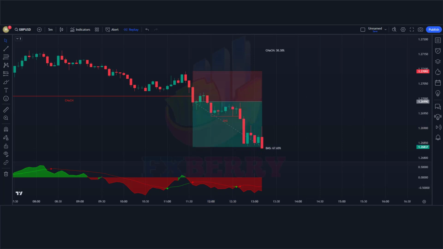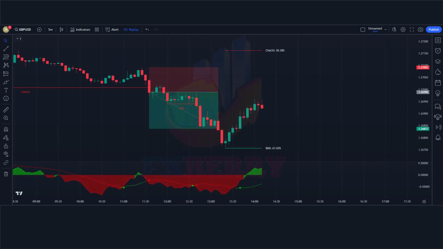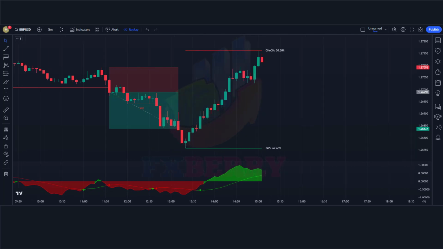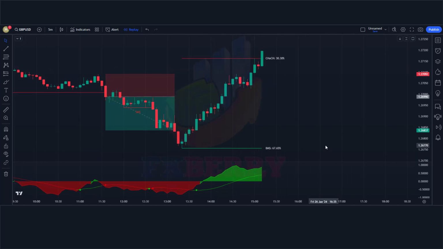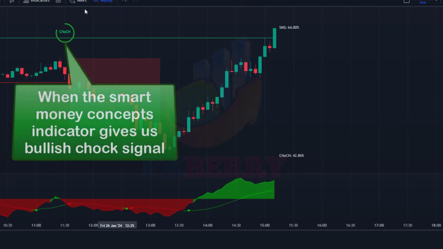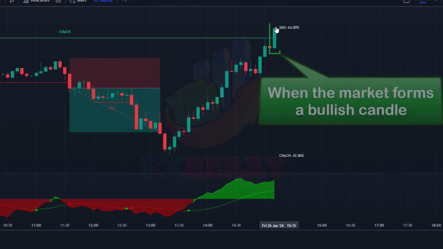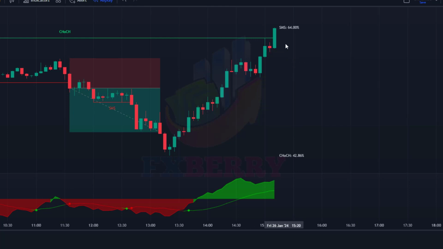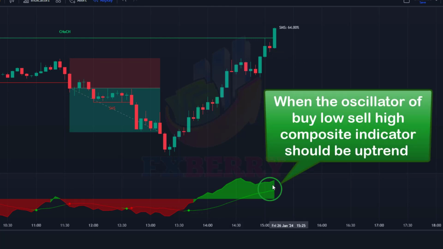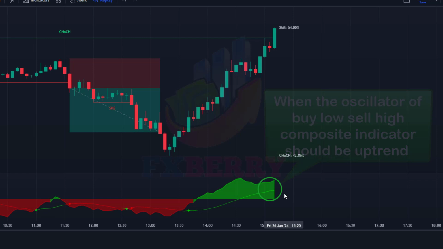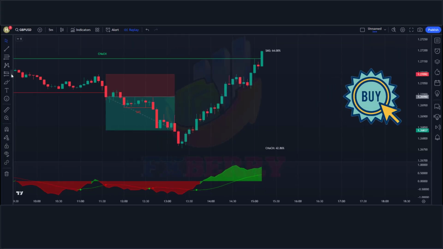Now, let us understand the long position. When the Smart Money Concepts indicator gives us bullish CHoCH signal, when the market forms a bullish candle, and when the oscillator of Buy Low Sell High composite indicator is in uptrend, if these conditions are fulfilled, then we will place a buy order.